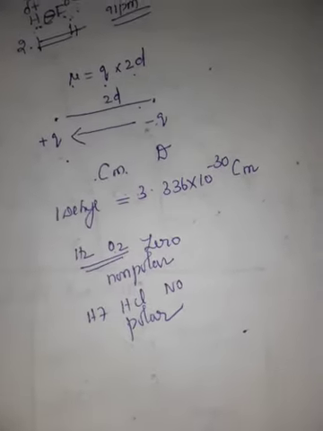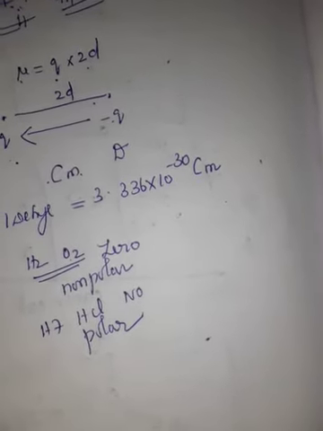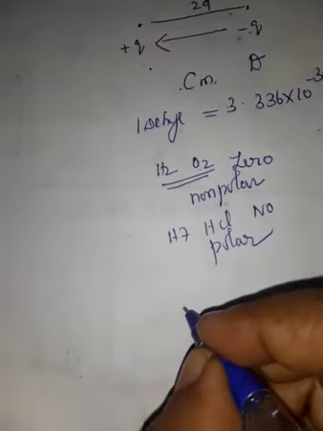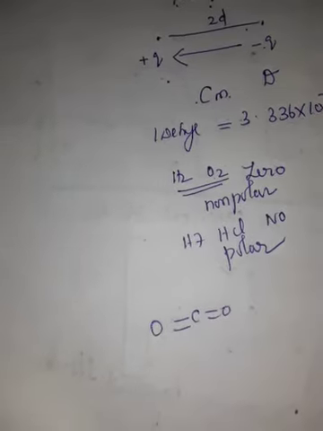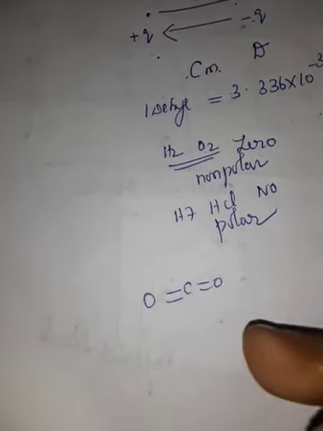Molecules having polar bonds may not have a net dipole moment. For example, the linear form of carbon dioxide, O double bond C double bond O, has zero dipole moment even though it has two polar bonds.